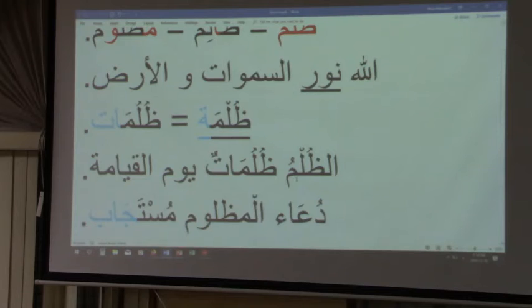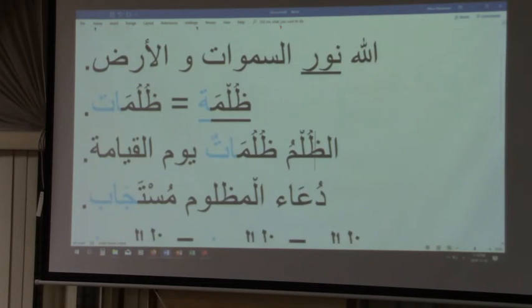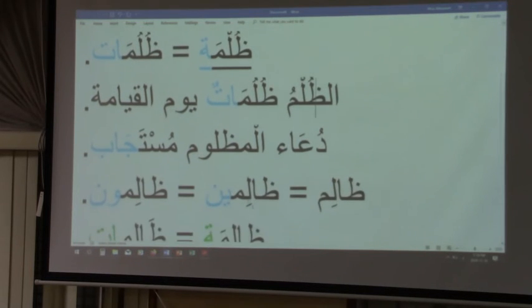Then we have الظلم ظلمات يوم القيامة. الظلم is oppression, ظلمات, darkness, on the day of judgment. دعاء المظلوم, the supplication of the oppressed, mustajab, is answered, accepted. Good.